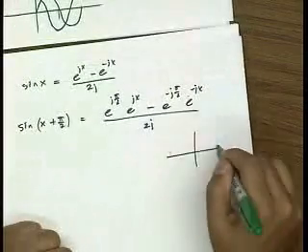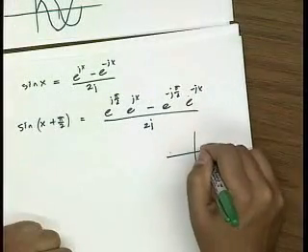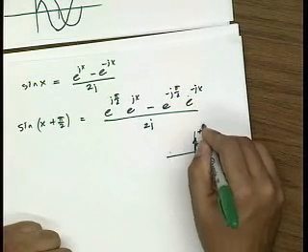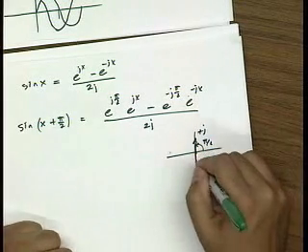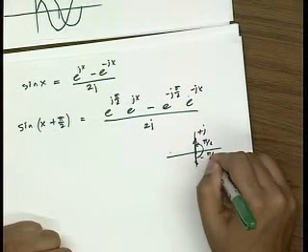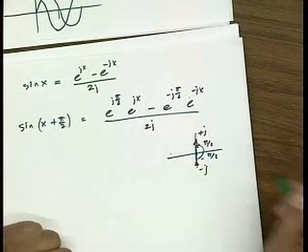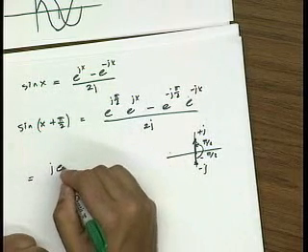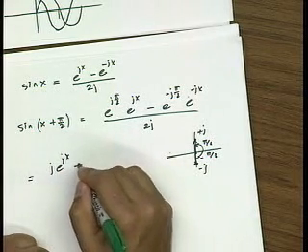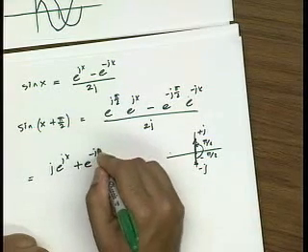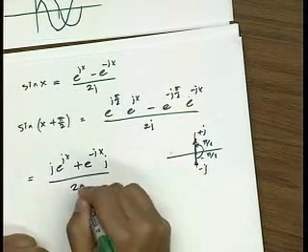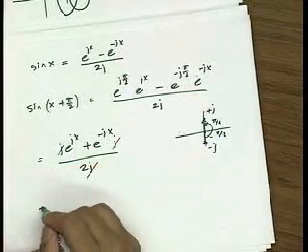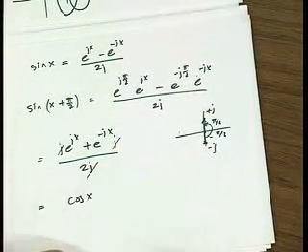Well, in the complex plane, I know that a phase shift of pi over 2, e to the j pi over 2, is just plus j, and e to the minus j pi over 2 is just minus j, right? So here I have plus j e to the jx minus minus j e to the minus jx, divided by 2j. And you can see the j's all cancel out, and indeed I get cosine of x, just as expected.